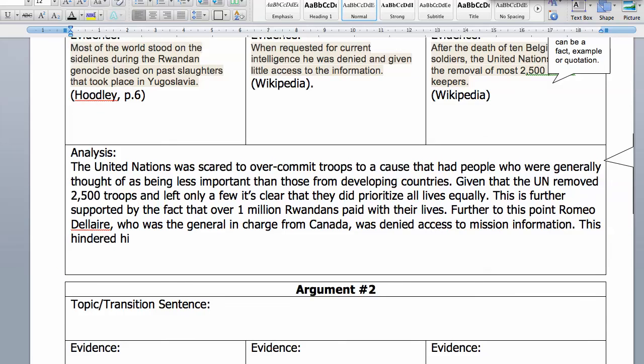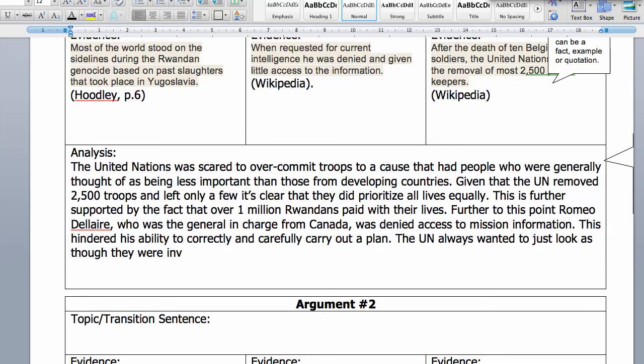This hindered his ability to correctly and carefully carry out a plan. The UN always wanted to just look as though they were involved and never really actually follow through. It's a sad truth, I believe.